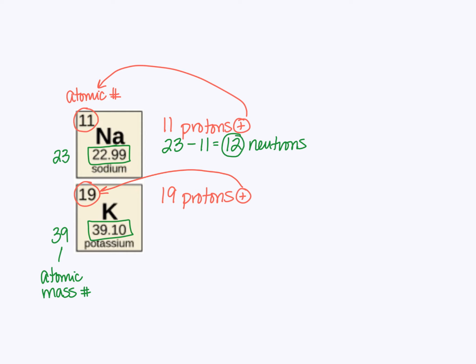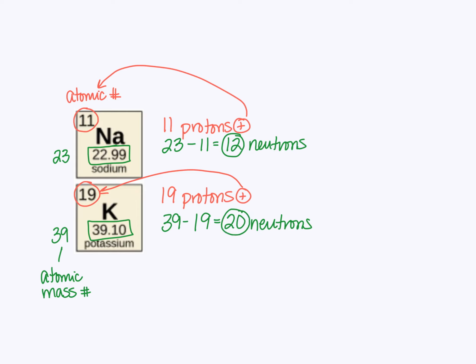For potassium, we're going to take the atomic mass number of 39, subtract the number of protons, which is the same thing as saying that you're subtracting the atomic number. So subtracting the number 19, and we get an answer of 20. So potassium has 20 neutrons.